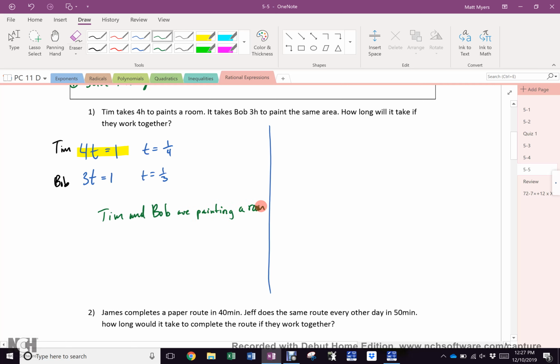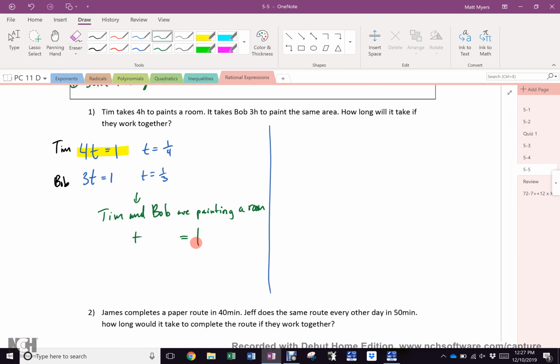Everyone agrees? Turn that into math. What math is that? Plus. Excellent. Are painting a room. What math symbol do we put there? Equals a room. 1. Right?